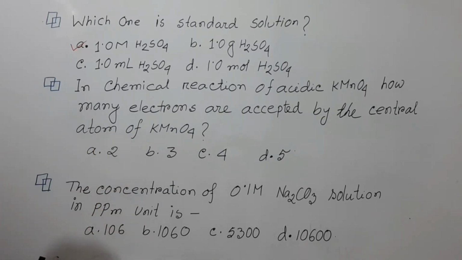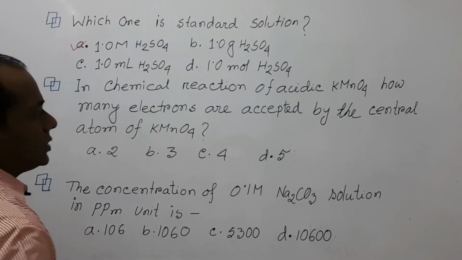Now next question: in the chemical reaction of acidic potassium permanganate, how many electrons are accepted by the central atom of potassium permanganate?